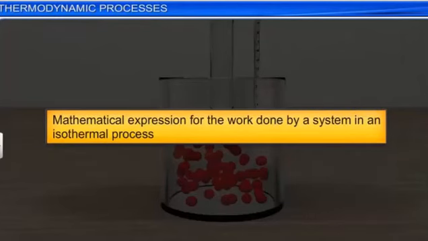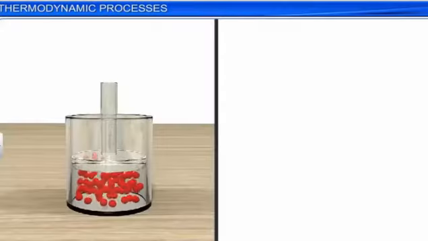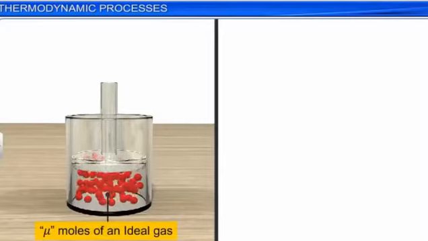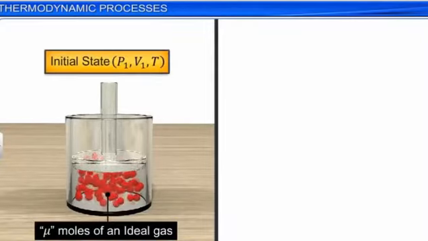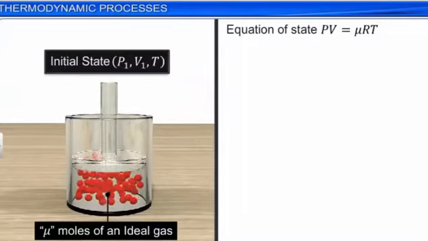Let us find a mathematical expression for the work done by a system in an isothermal process. Consider mu moles of an ideal gas in a container that is at an initial state of P1, V1, T. The equation of state is denoted by the equation PV is equal to mu RT.